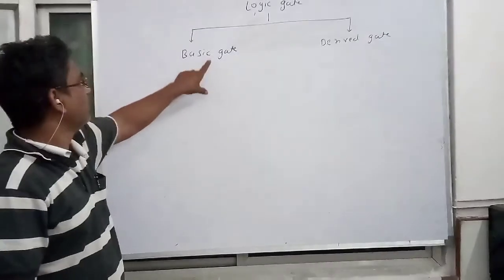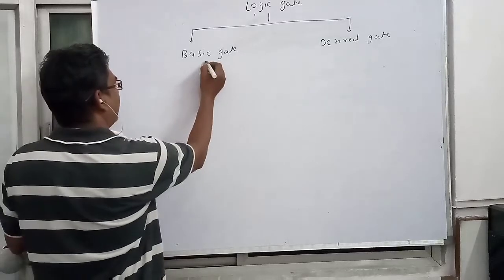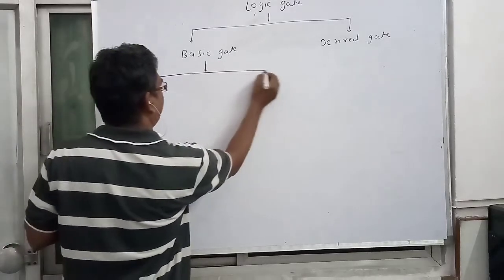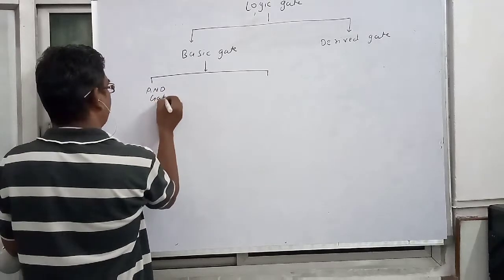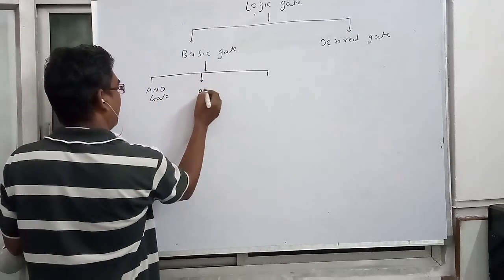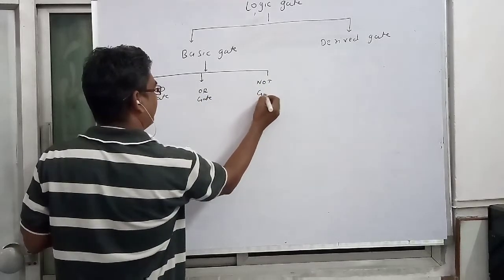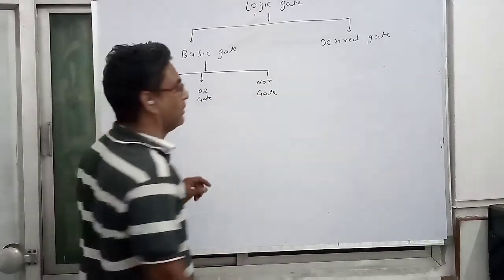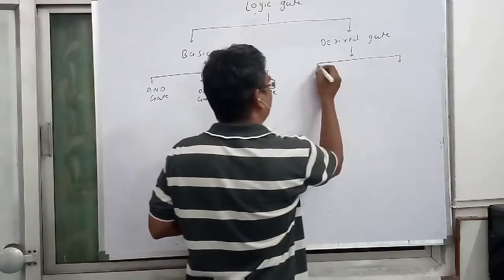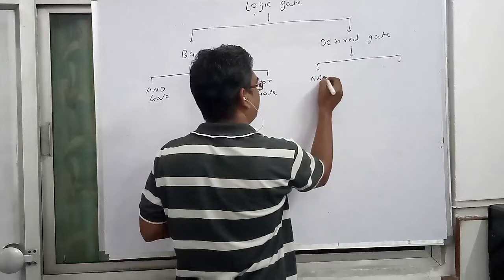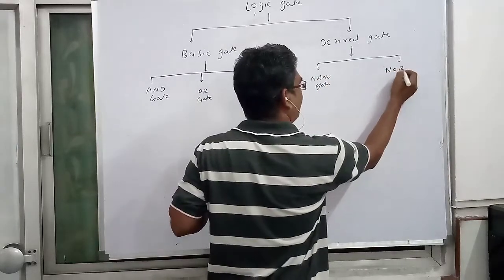The basic gate is classified into three types: the AND gate, second the OR gate, and third the NOT gate. The derived gate is classified into two types: the NAND gate and second the NOR gate.